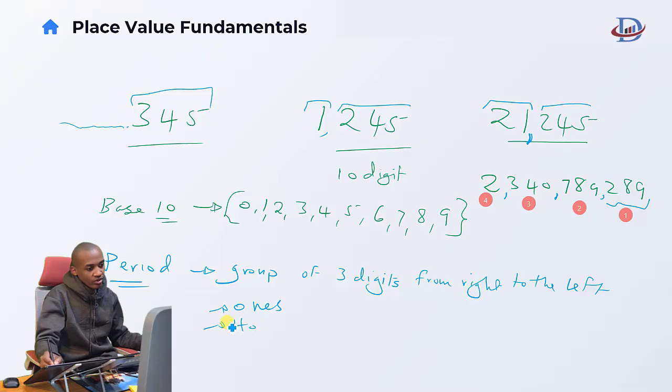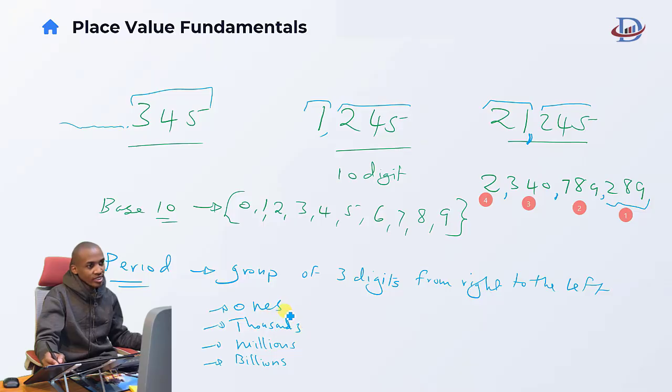Then the next one is called the millions, and after that we have billions. We have many, but for us, we'll just focus on numbers up to almost 12 digits.